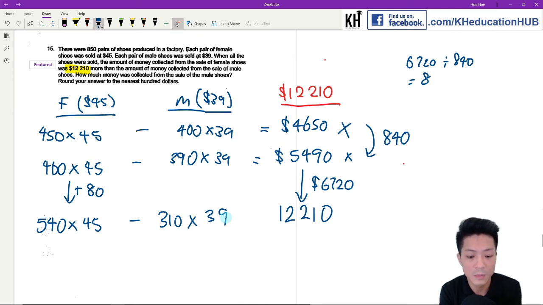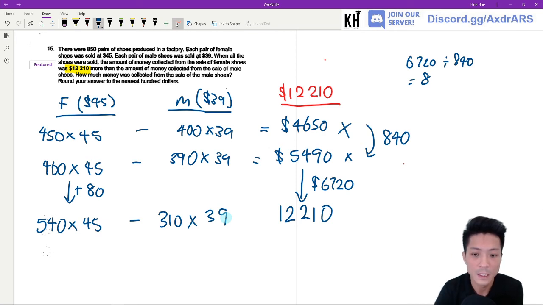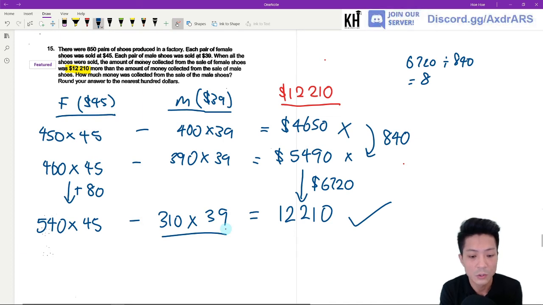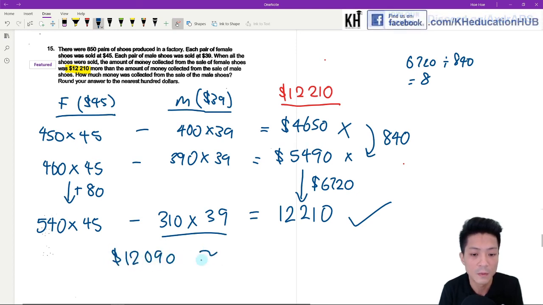Let's just double check to make sure that it gives us the correct difference. So this is indeed the correct one. But the question is asking us how much money was collected from the sale of the male shoes, which is over here. 310 multiplied by 39 will give me 12,090.